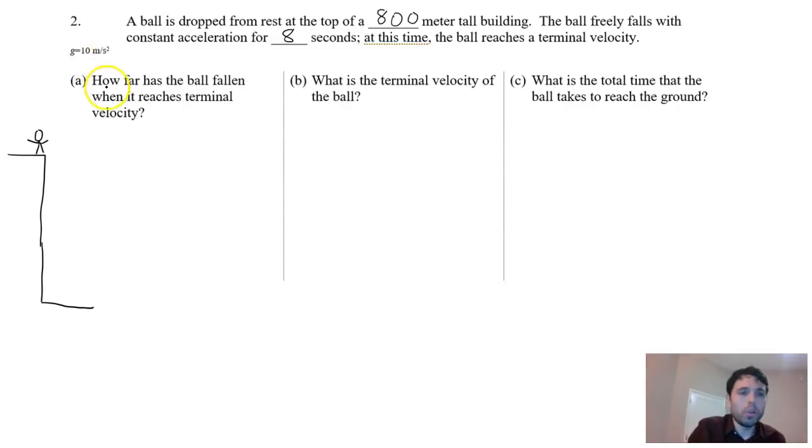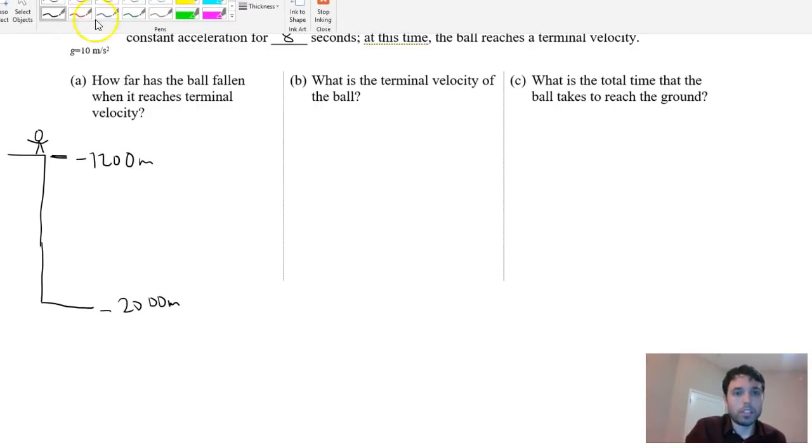If I wanted to, I could call this spot up here my 0, and I could call way down here negative 2,000 meters, and this could be where the guy is, negative 1,200 meters. If I really wanted to do that, I could. That would be ridiculous. I don't know why I would do that, but I could. I'm not going to do that. That's silly, but you get my point.